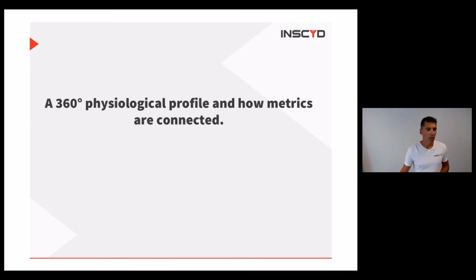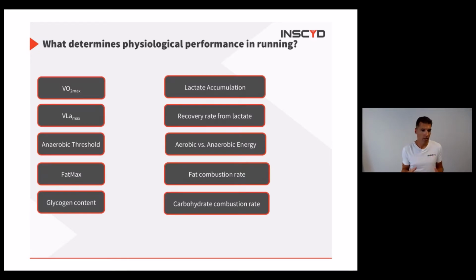Okay, so what do we mean when we talk about a physiological profile? A physiological profile is, so to speak, an avatar, a profile of an athlete which contains the most important physiological performance factors, which could be, for example, obviously a VO2 max, so the maximum aerobic power, people like to call it the capacity, it's a flux rate, so therefore it's more power.